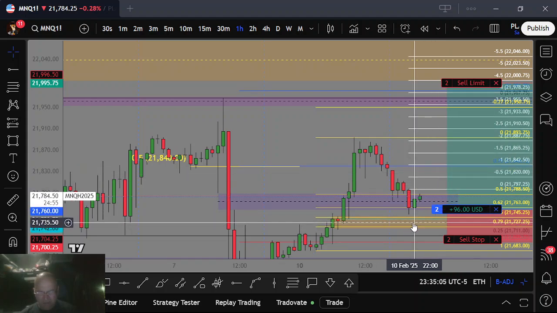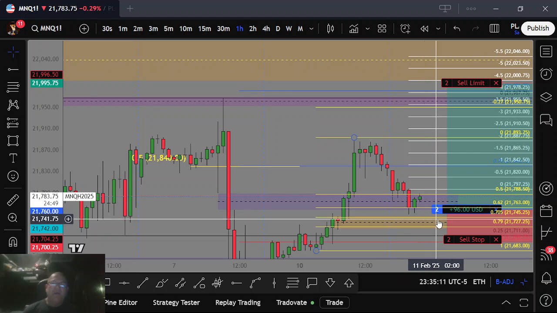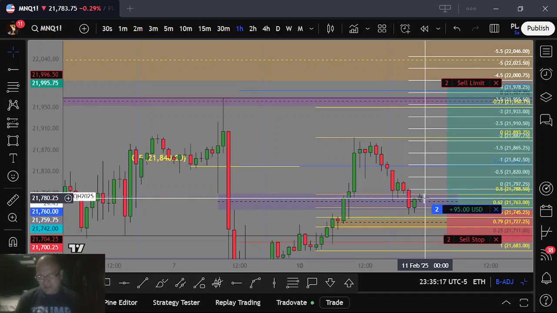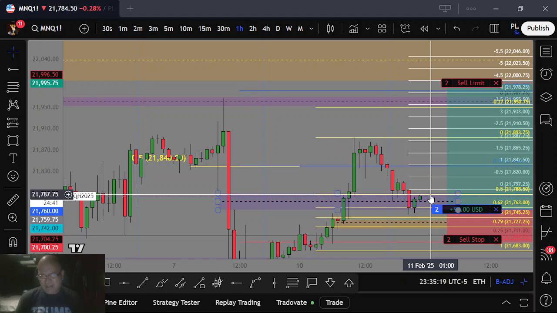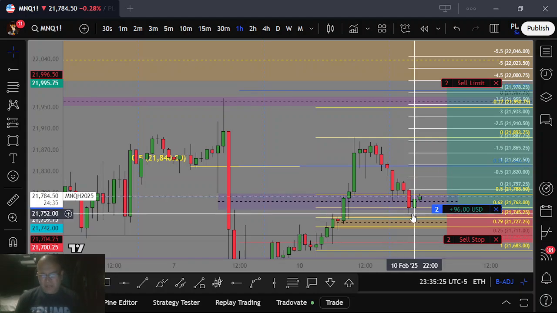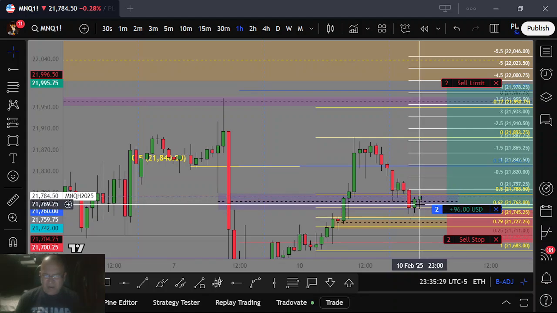That I would absolutely love because that puts time in line with price. But I don't think that's going to happen. It could. I would expect London to probably come down and sweep these lows. So we've got about 3 hours where we can just consolidate.